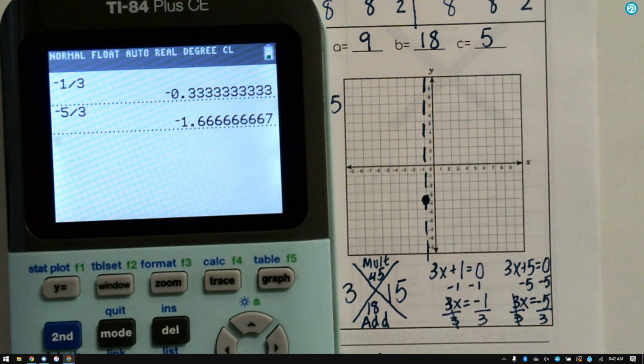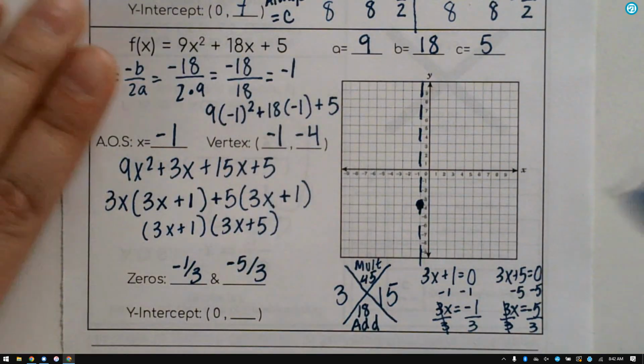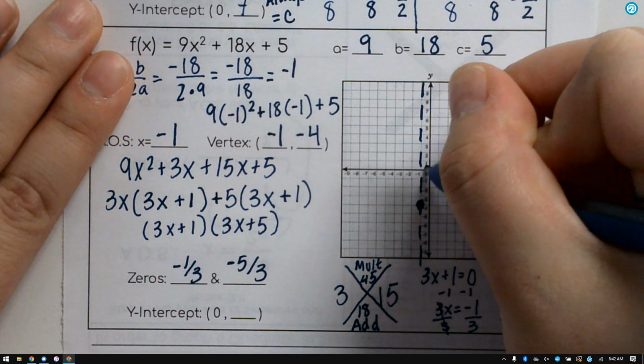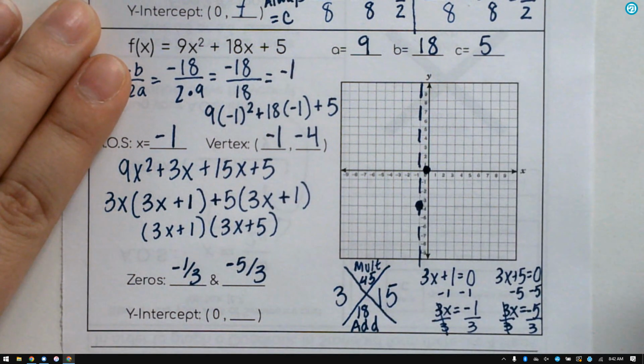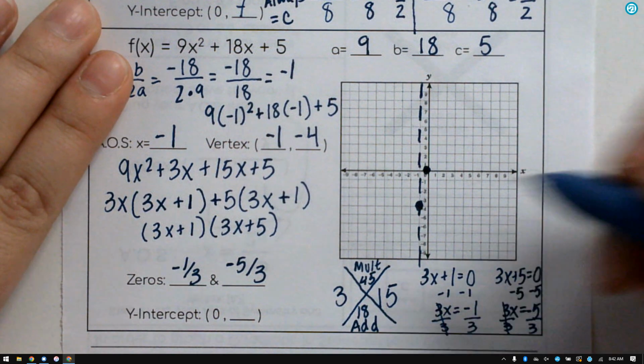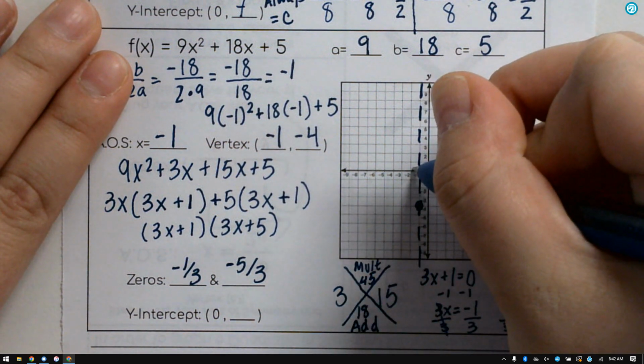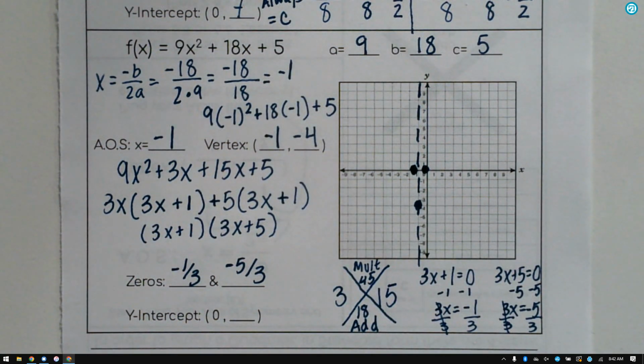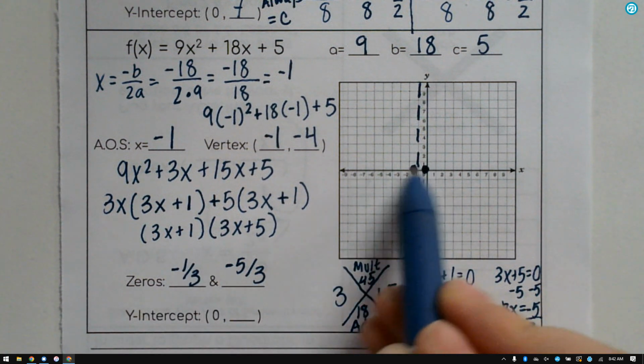So it's going to be in between. Negative 1/3 is going to be in between 0 and negative 1, but closer to 0. And then negative 5/3 is going to be in between negative 1 and negative 2, closer to negative 2. As long as you get them between the right two numbers, or even close to that, you'll be fine. It'll all work. Because we're going to check here, because obviously we wouldn't be able to check your graph from that.